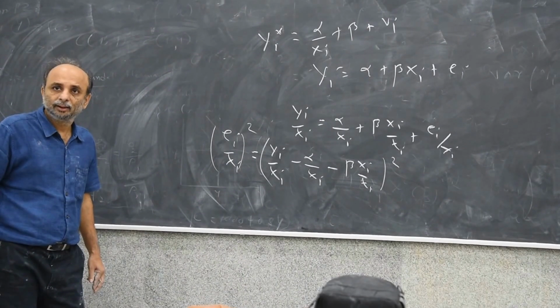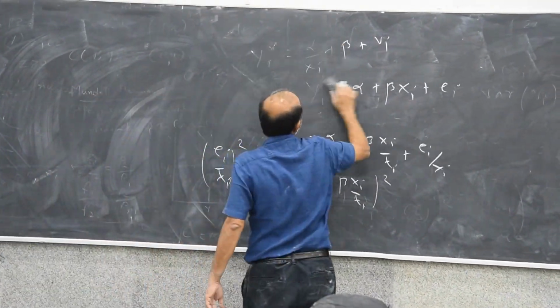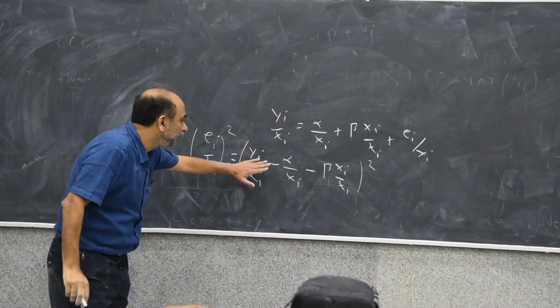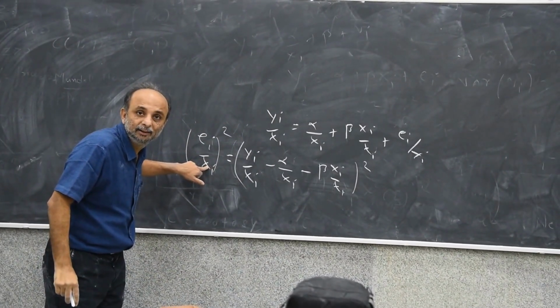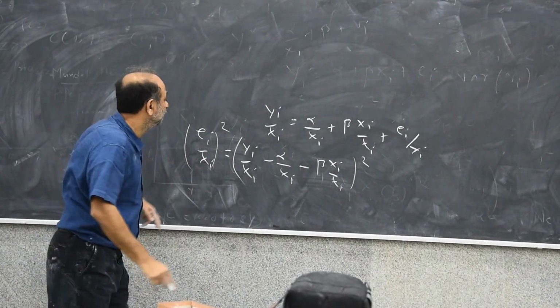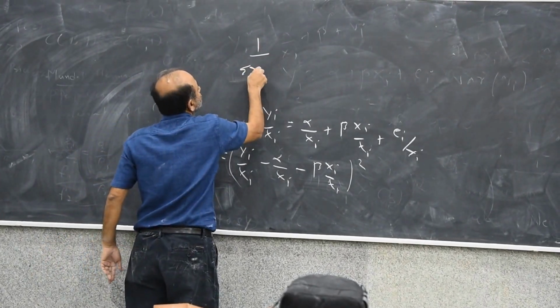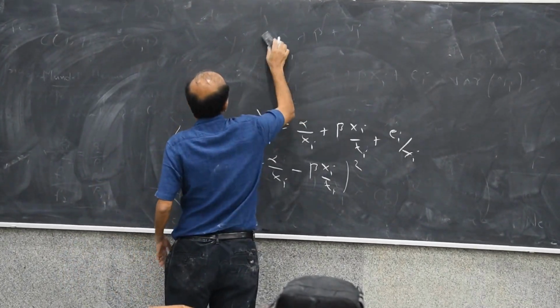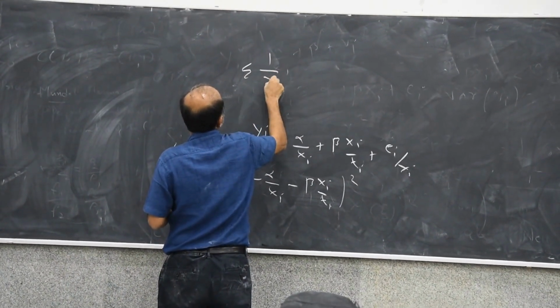So what I am really going to minimize is, if I am trying to minimize this to find alpha and beta, the sum of this.